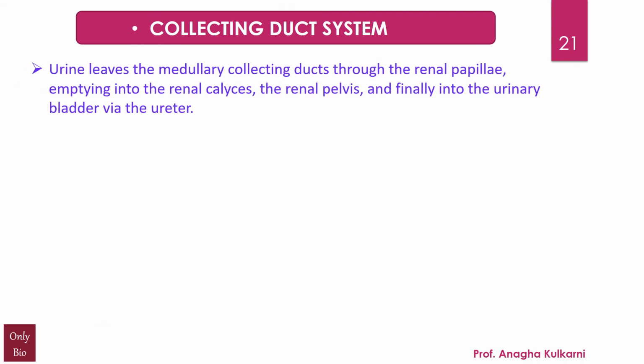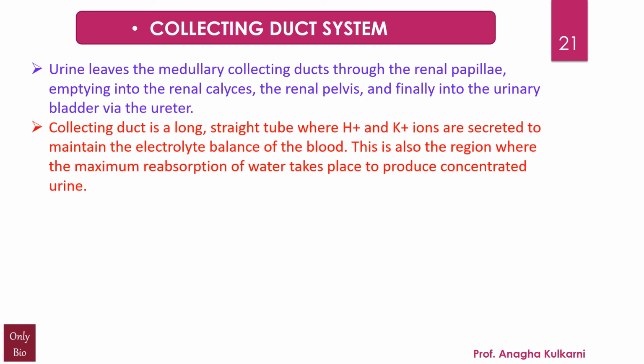Urine leaves the medullary collecting ducts through the renal papillae, emptying into renal calyces, the renal pelvis, and finally into the urinary bladder via the ureter. Collecting duct is a long straight tube where hydrogen and potassium ions are secreted to maintain the electrolyte balance of the blood. This is also the region where maximum reabsorption of water takes place to produce concentrated urine.